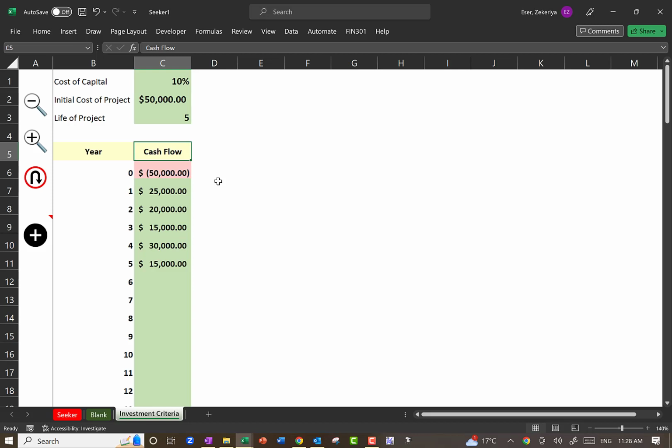Since I'm gonna calculate NPV as present value of all future cash flows less initial cost, let's calculate the present values.